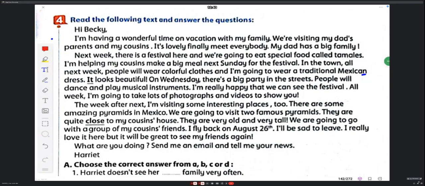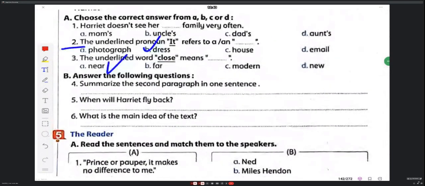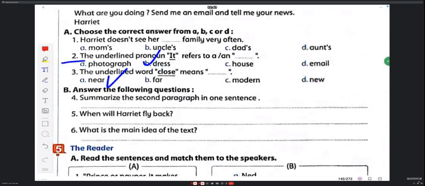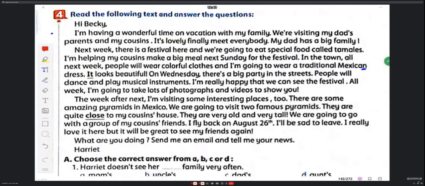No. Summarize the second paragraph in one sentence. Okay, we can say it's lovely to meet your family.